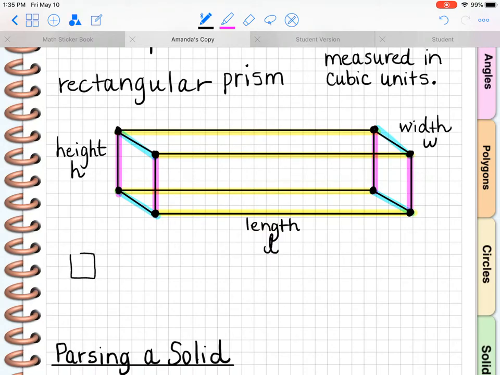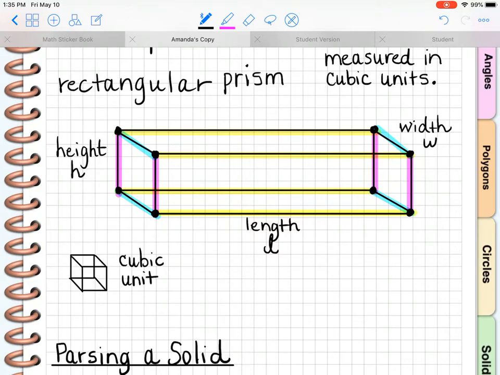So you would be interested in how many of these little cubes it would take to fill a given space, to fill it up to a given capacity. So this is called a cubic unit. The square unit that we used for area is very different. And then for circumference and perimeter, we just use plain units.